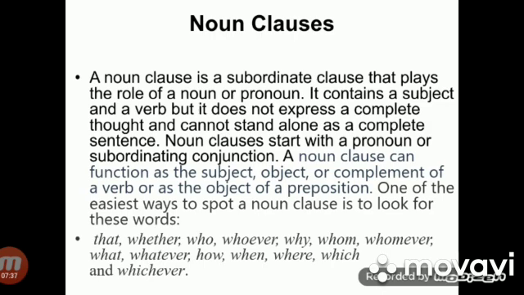A noun clause can function as the subject, object, or complement of a verb, or as the object of a preposition. One of the easiest ways to spot a noun clause is to look for these words, which are that, whether, who, whoever, why, whom, whomever, what, whatever, how, when, where, which, and whichever.